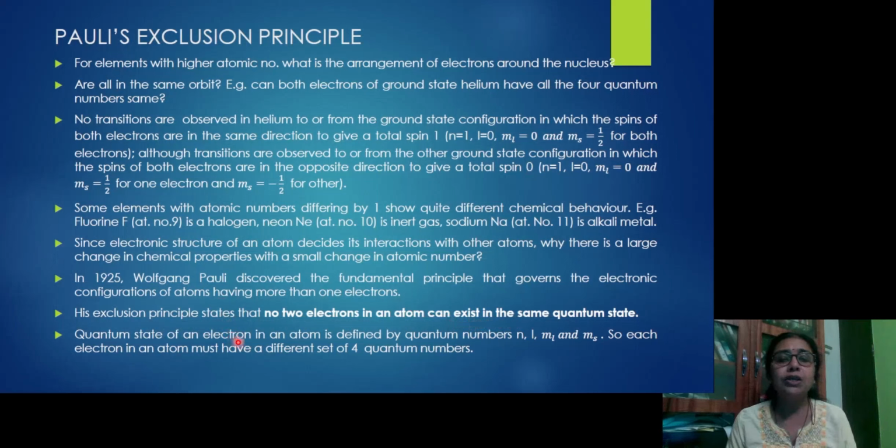The quantum state of an electron in an atom is defined by quantum numbers, that is n, l, ml and ms. So each electron in an atom must have a different set of 4 quantum numbers according to Pauli's exclusion principle. So we have to remember that if the electrons have n, l, ml the same, then they must differ at least in the value of ms.